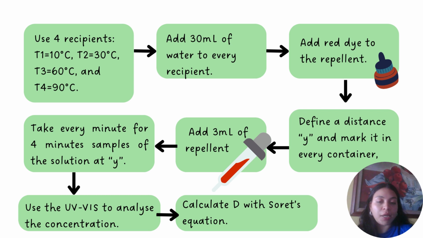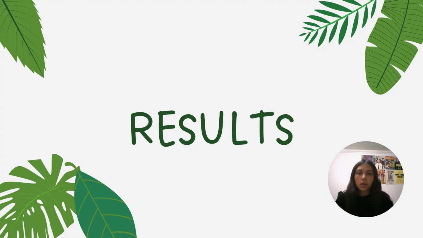Then, thanks to the UV-vis, the concentrations were analyzed, and with these concentrations and Soret's equation, we were able to obtain the diffusivity. And now we are going to present the results.